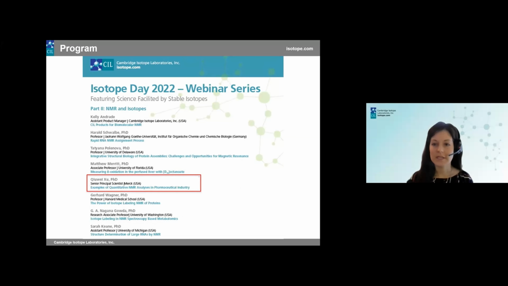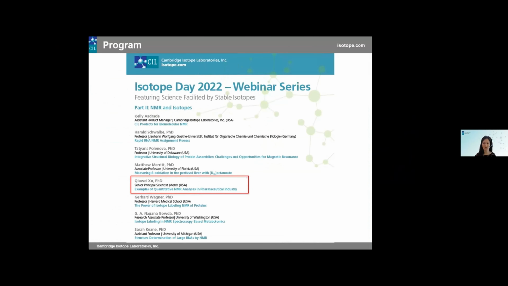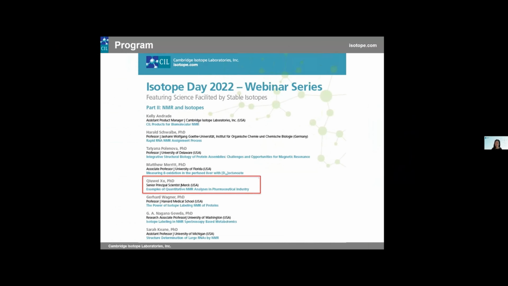He is the Senior Principal Scientist at Merck and leads quantitative NMR operation for metabolomics and vaccine process qualification. The NMR Metabolomics lab is automated for quantitative profiling of endogenous metabolites and assisting investigation of drug toxicity or fermentation bioprocess.